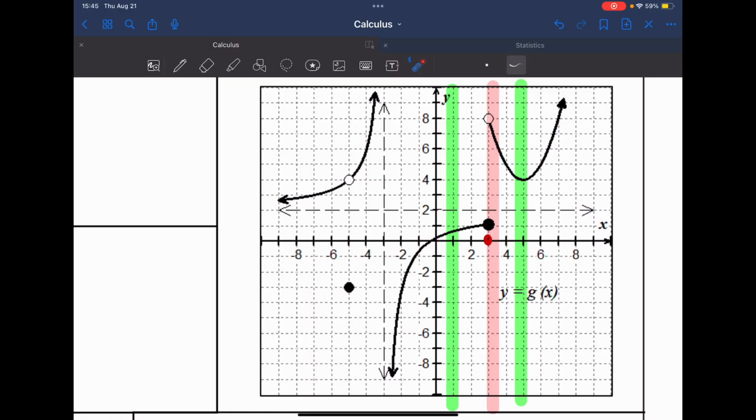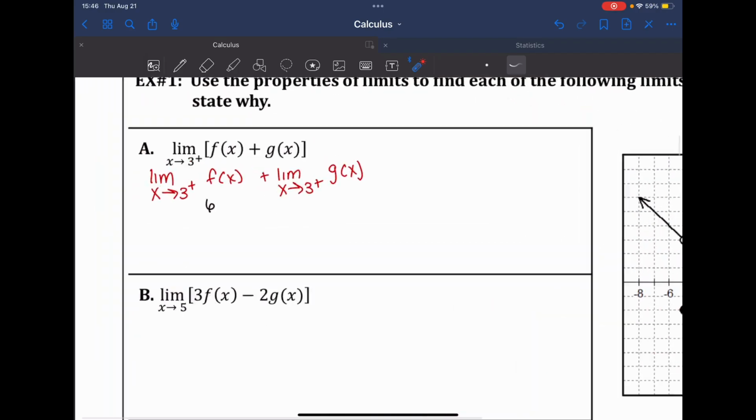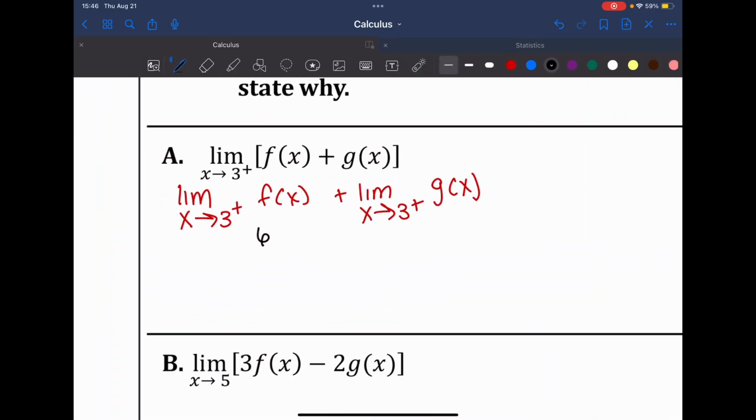I have one from the left side and then one from the right side, but I only care about that right side. So as this right side is slowly approaching my pink line, or 3, I notice that it's slowly going to approach the value 8 on the y-axis. So then this one is going to be 8. So 6 plus 8 gives us 14.